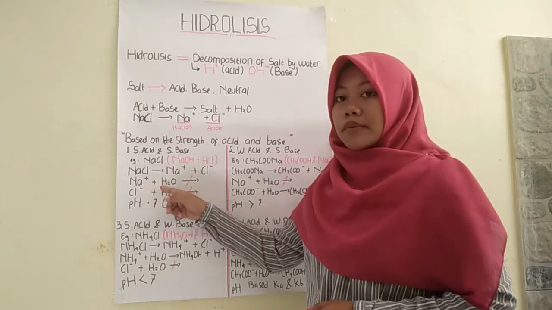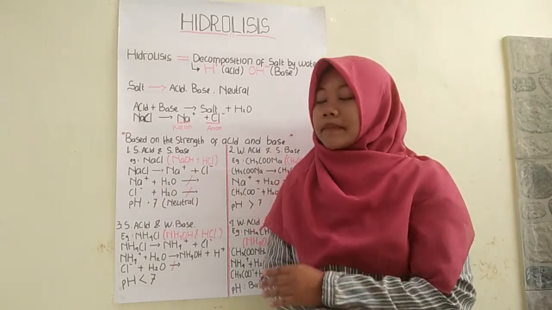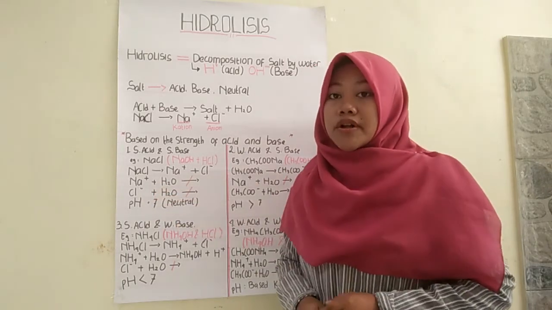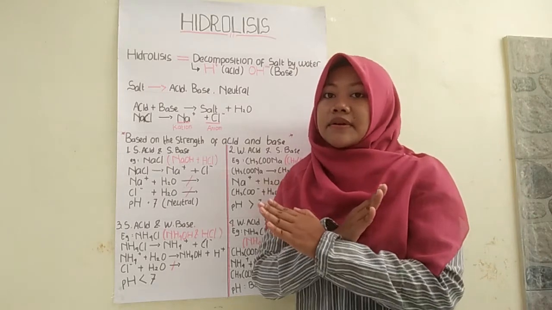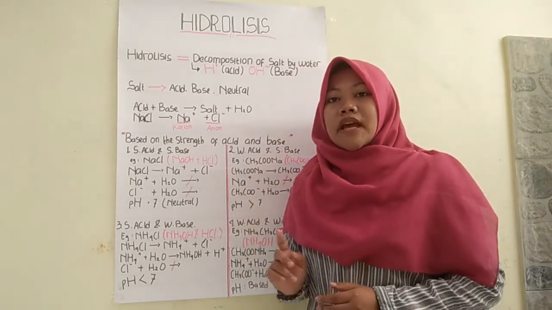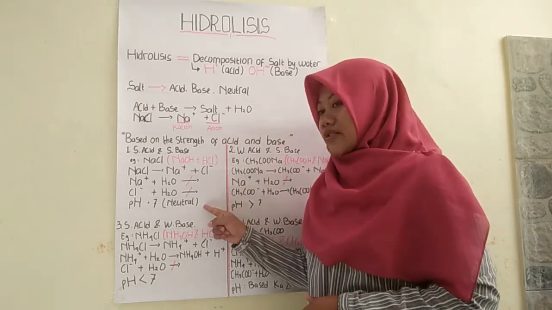Na plus reacts with water is not a reaction, and Cl minus reacts with water is not a reaction. So, the pH of natrium chloride is neutral.